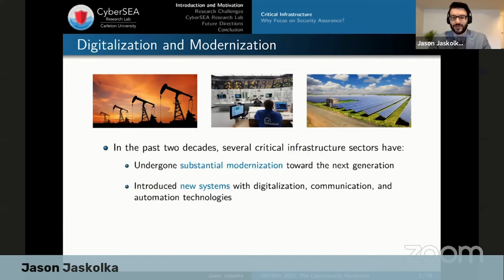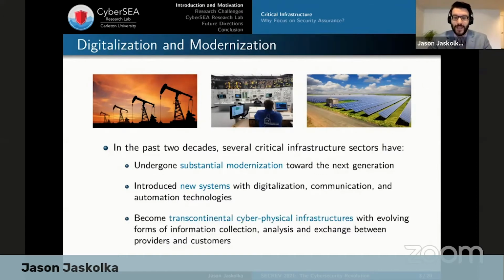And with this comes the introduction of new systems with this added digitalization, communication, and numerous automation technologies. The result is that our critical infrastructures have now become transcontinental cyber-physical infrastructures that have evolving forms of information collection, analysis, and exchange between the different providers and customers.